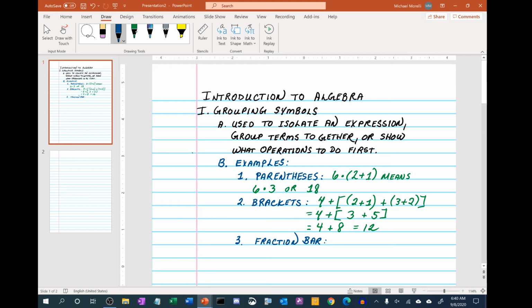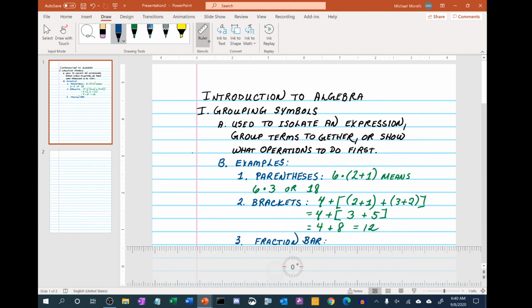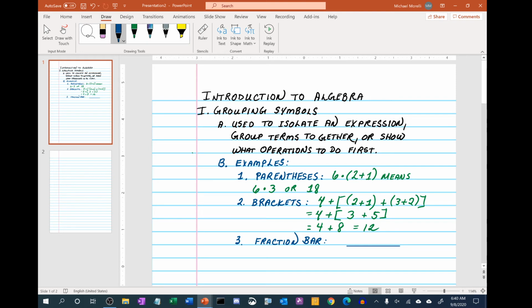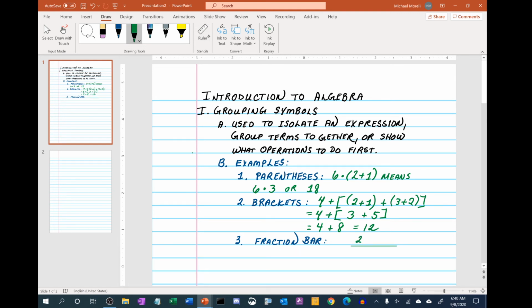Okay, so the fraction bar: 2 plus 4 over 5 plus 7.